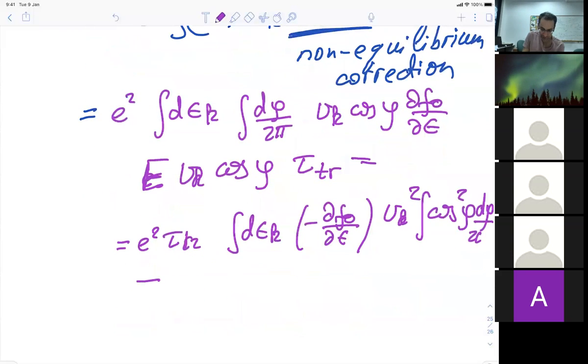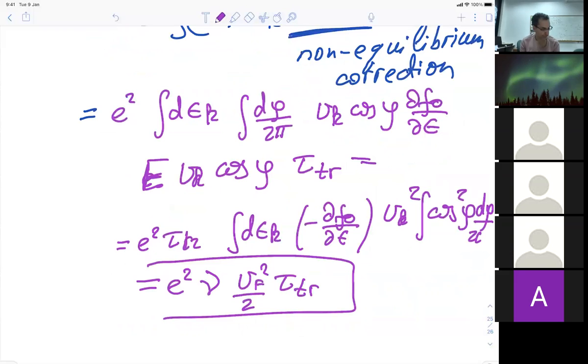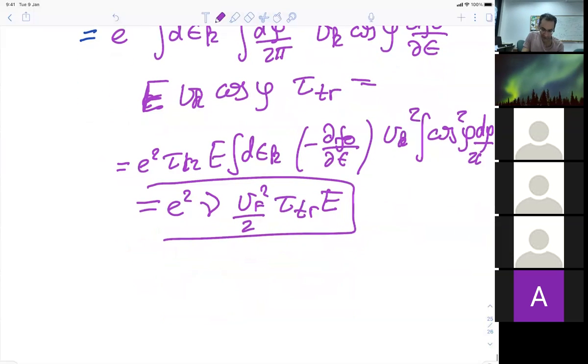And this is E squared, density of states, V Fermi squared over 2, times tau transport. Times, sorry, most important thing, the electric field. So what we found is that the electric current is proportional. What is the V? You meant Vk or Vf? Vf, the Fermi velocity.